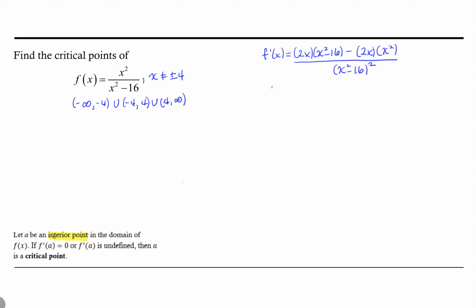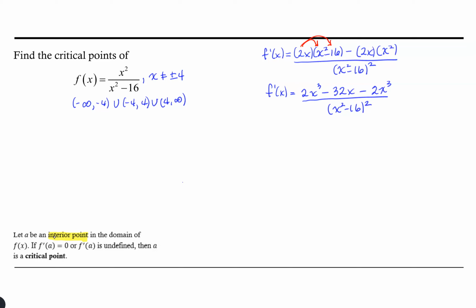So let's go ahead and expand out that numerator. Using the distributive property in the numerator, we're going to end up with 2x cubed minus 32x minus 2x cubed, all over the quantity x squared minus 16 squared.